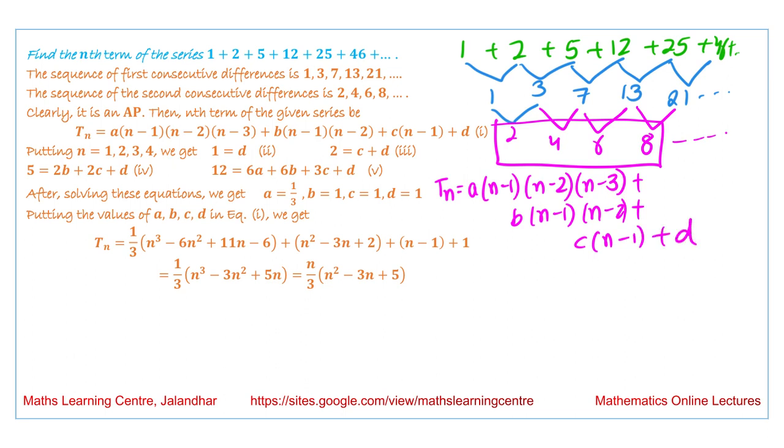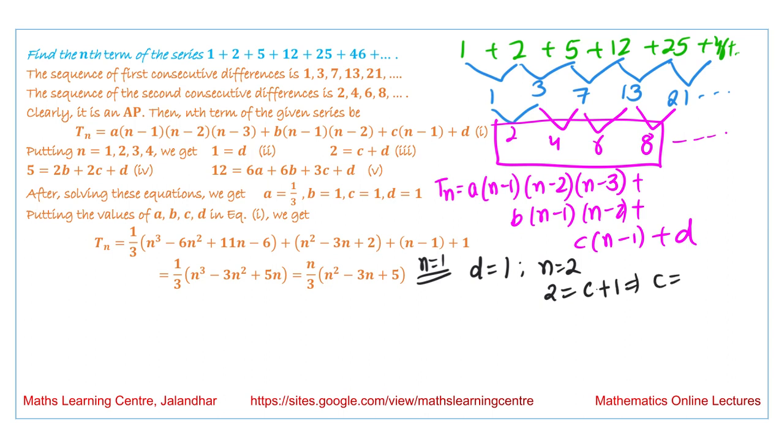Now we substitute different values of n to find A, B, C, D. When we substitute n is equal to 1, we obtain the value of D is equal to 1. When we substitute n is equal to 2, we get 2 is equal to C plus the value of D, which is 1.